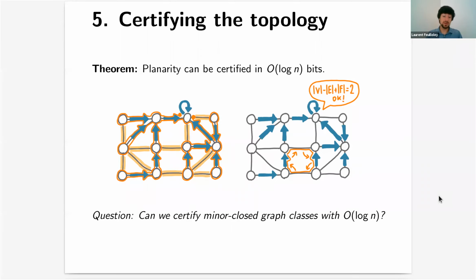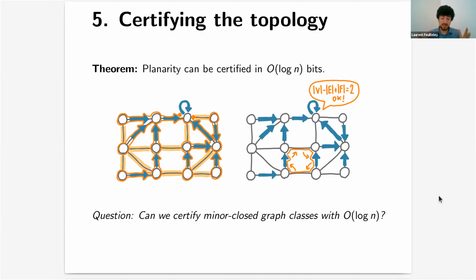And I will finish my talk with this question, which is, in my opinion, very intriguing. Can you do this wide generalization beyond planarity, which is, can you certify minor-closed graph classes with log n bits? If you don't know what minor-closed graph classes are, that's not a big deal.